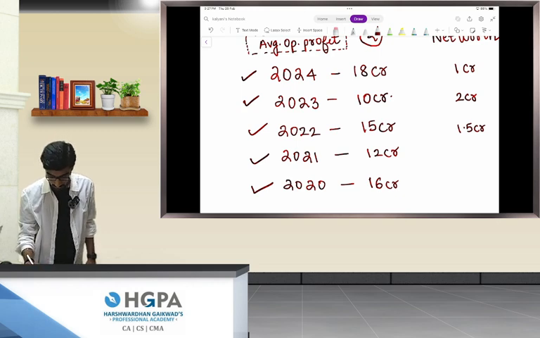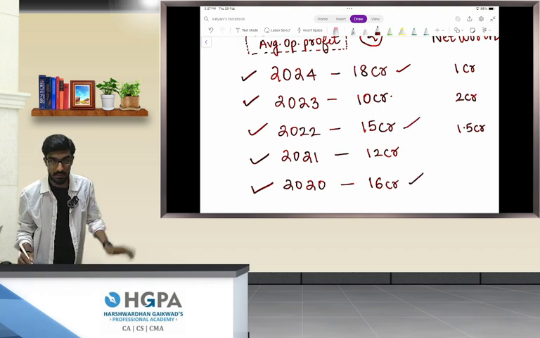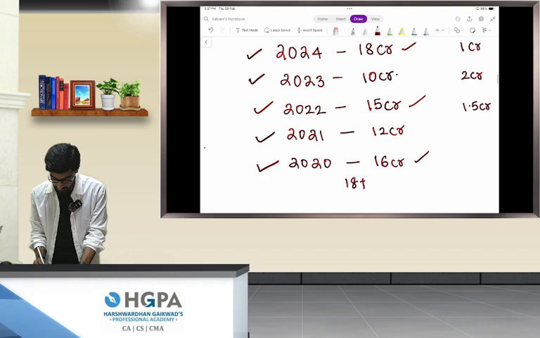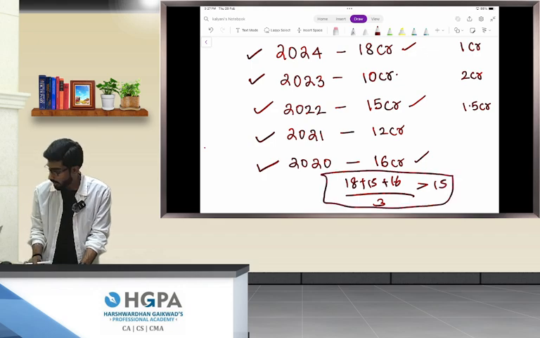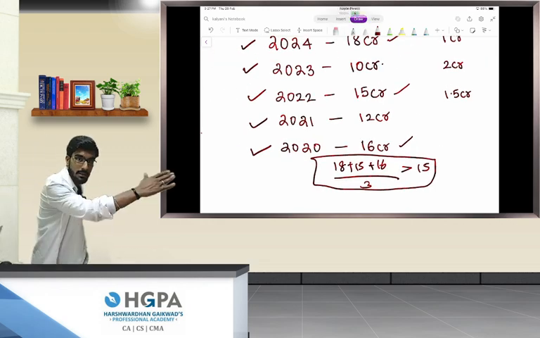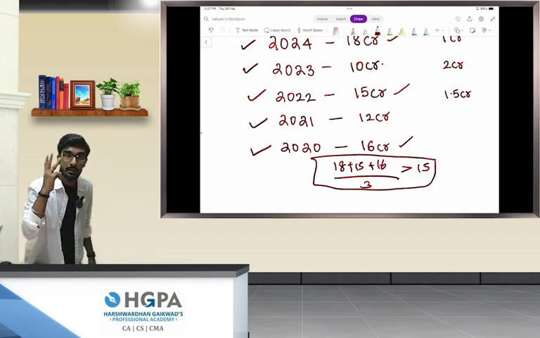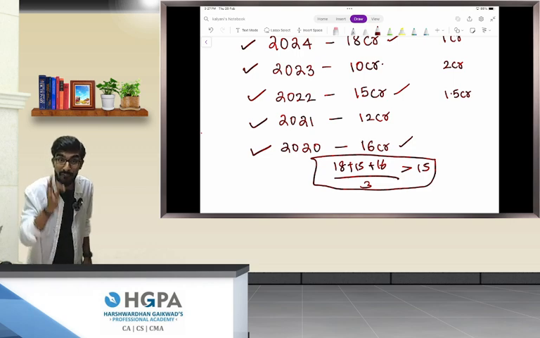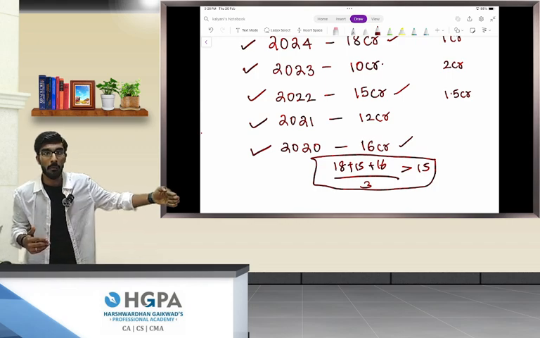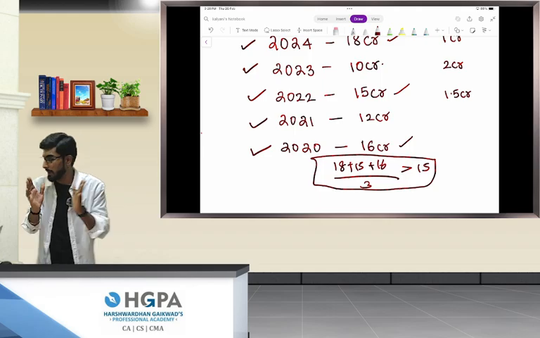Tell me. 18 CR, 15 CR, 16 CR are the most profitable. Now, if I take the average, 18 plus 15 plus 16 divided by 3, obviously it will be more than 15, correct? So what it's saying is, in the preceding 5 years, the 3 most profitable years' average should be 15 CR.